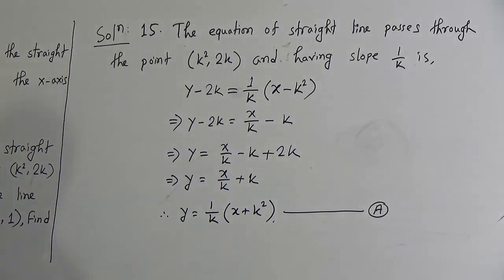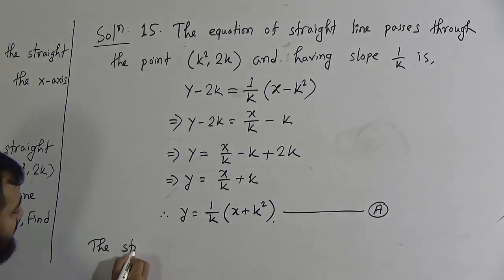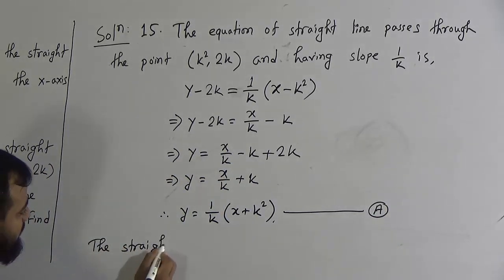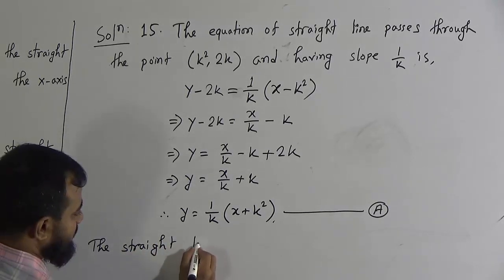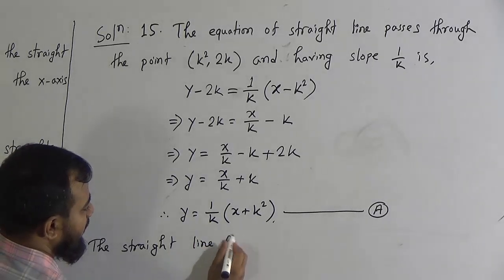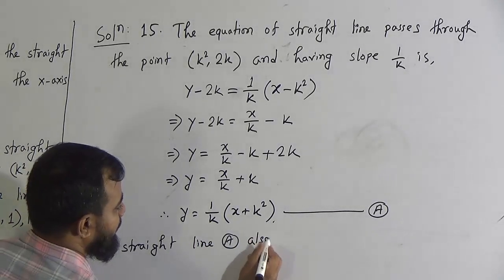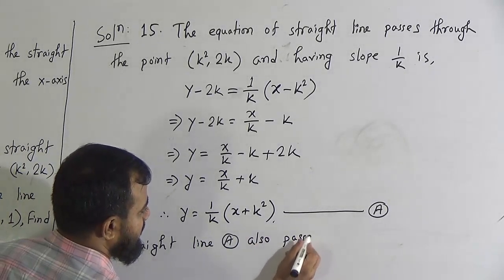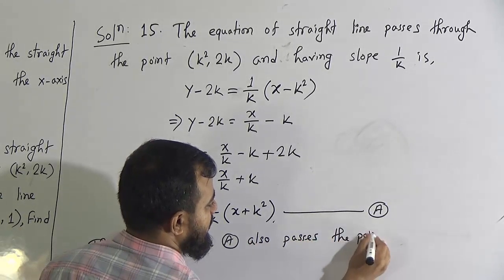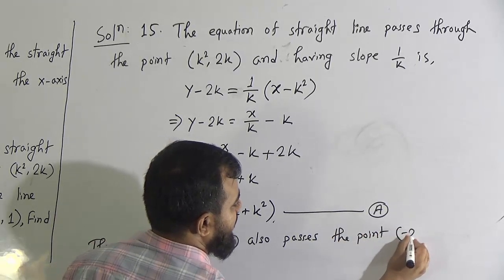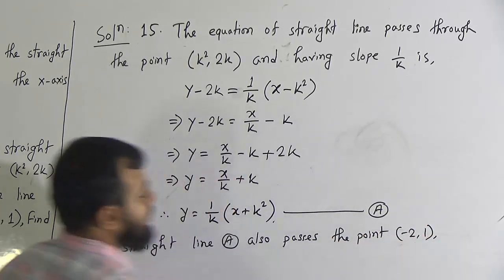Now my students, the straight line A also passes through the point (-2, 1).